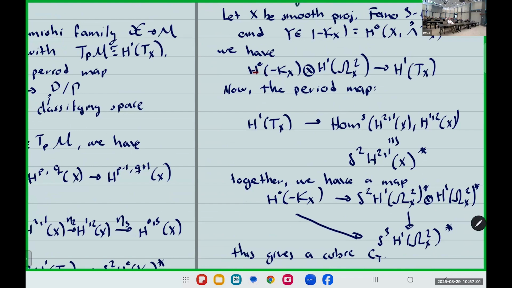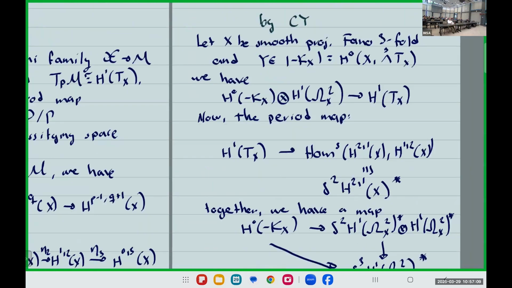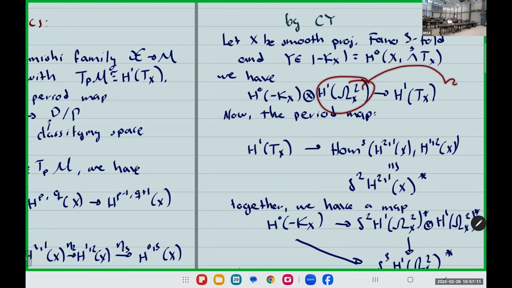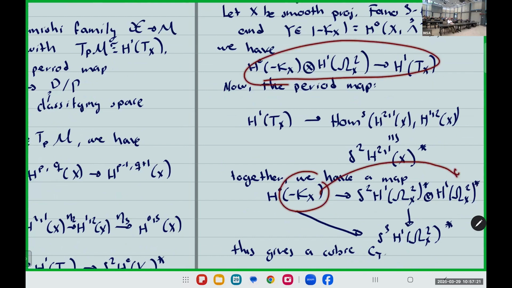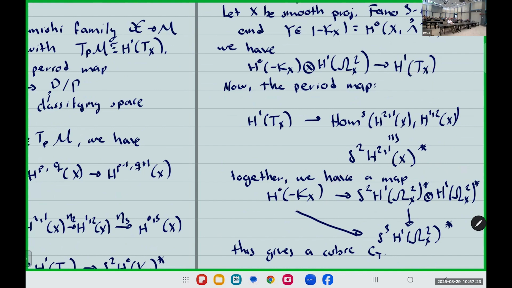The first one was induced by fixing a y in the anti-canonical linear system. And now I'm writing this on the other side, so I put it here as a dual. The first one is just induced by multiplication. But the second one, I'm applying the derivative of the period map, and I'm mapping to this.